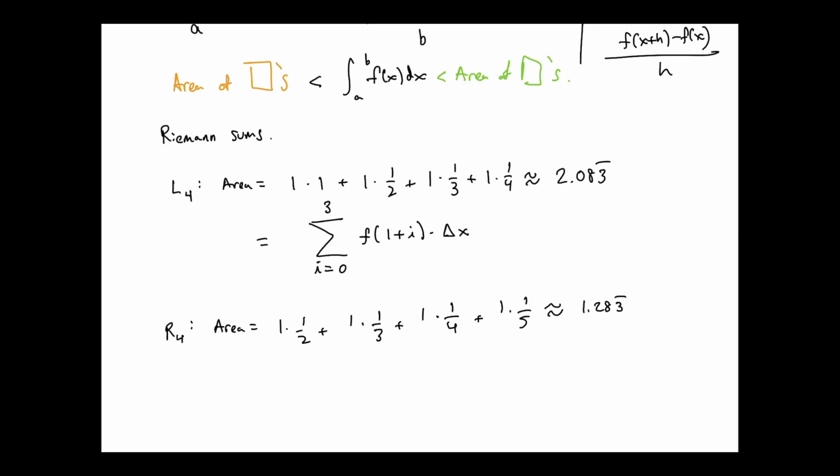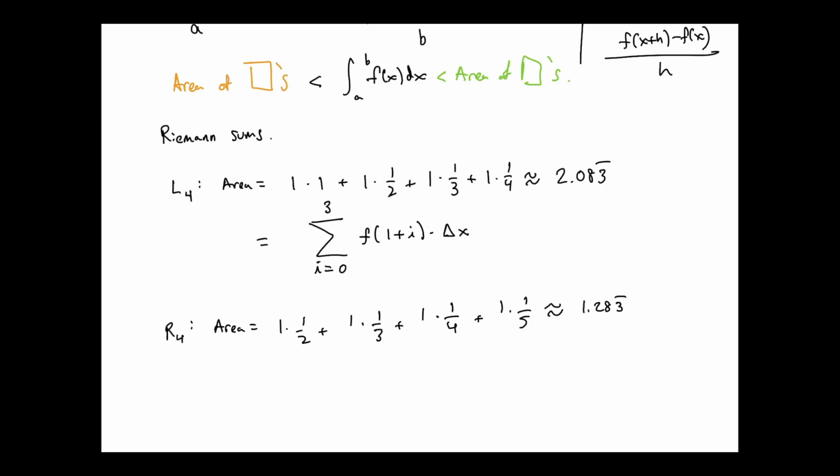The thing that we're adding up here is really just the area of an individual rectangle, right? And what is the area of a rectangle? It's the width of it, which we're going to symbolize with delta x, times the height of it, which is going to be given by the value of the function at some place. Now let's talk about the i equals 0 to 3 business.